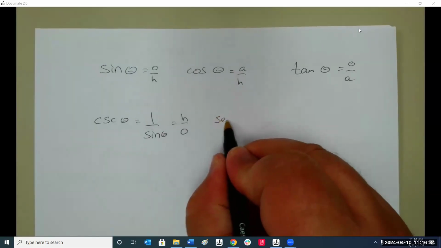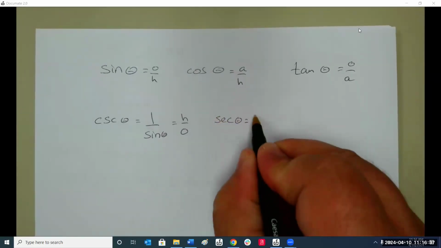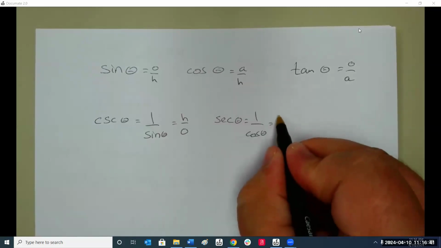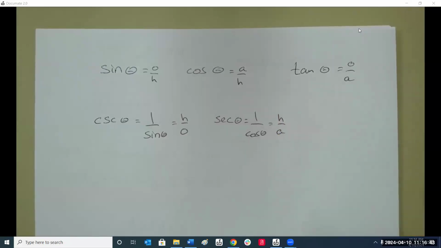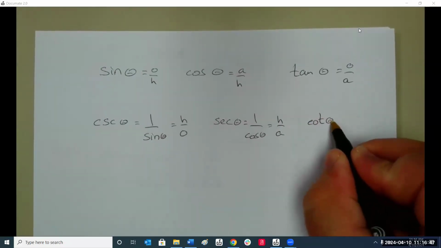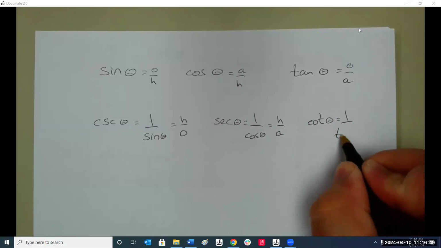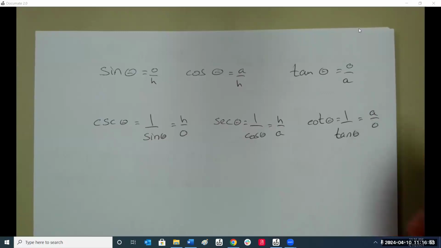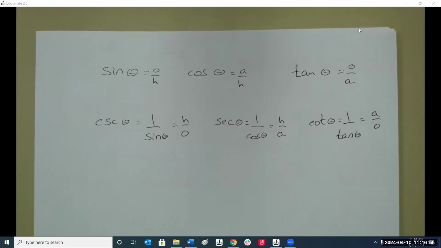We have the secant function, which is 1 over cosine, the flip of the cosine. And then we have the cotangent, which is 1 over tangent, the flip of the tangent. They're just reciprocal functions.